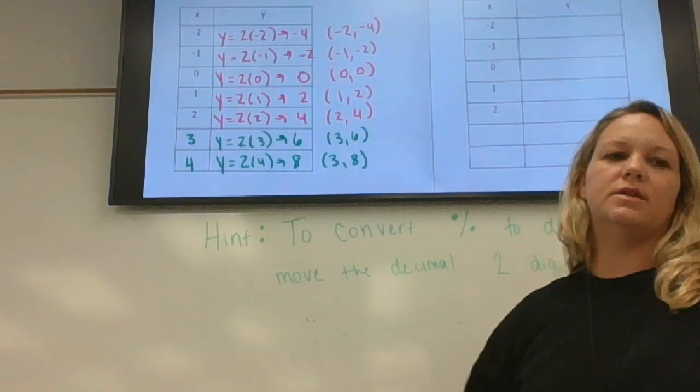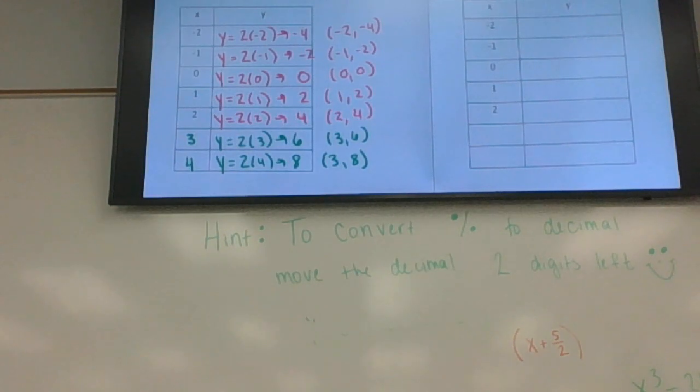Just check your numbers. I'm looking at your tables and I'm seeing your numbers right. And you didn't really have to show a lot of work, and I'm fine with that. So get your ordered pairs and go ahead and plot that on the graph there at the bottom. Make your linear graph, something you already know how to do.